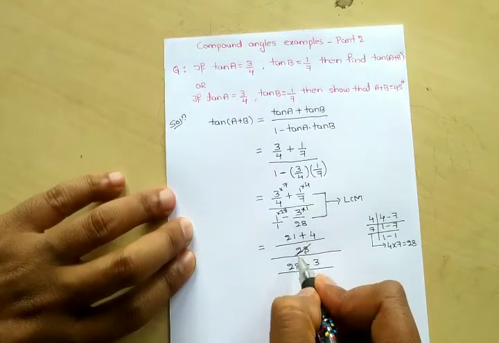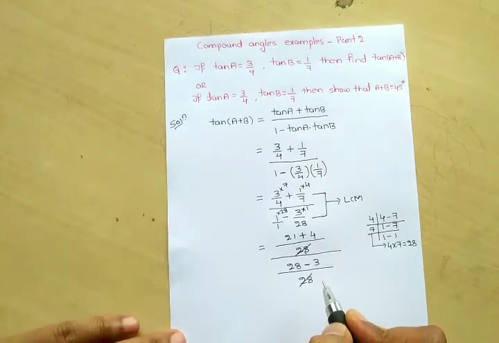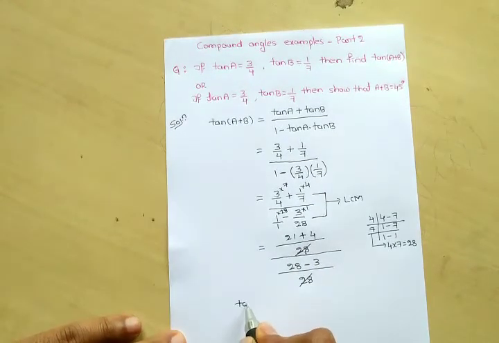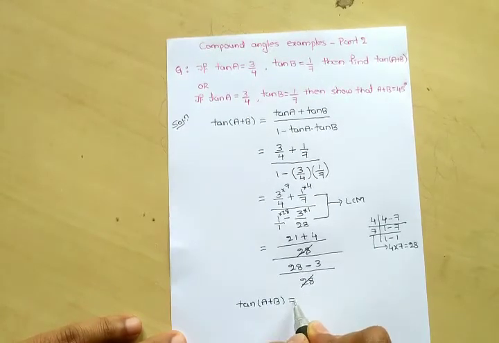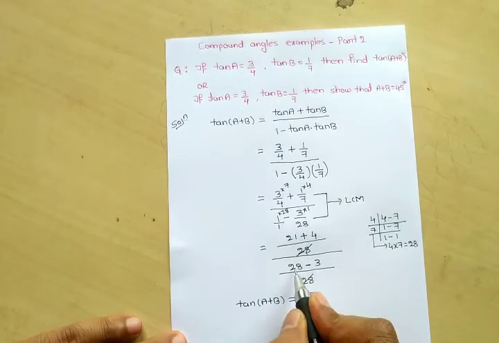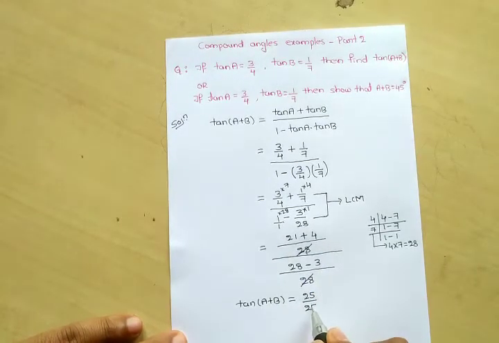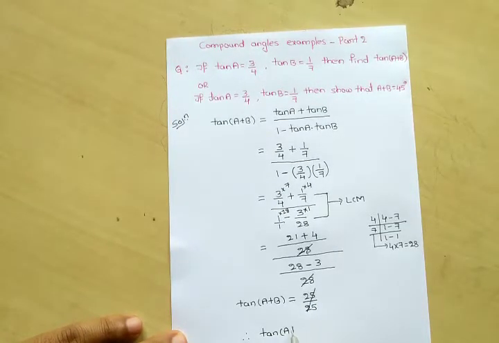So here both 28s are going to get cancelled. So finally tan(A plus B) is equal to 21 plus 4 is 25 divided by 28 minus 3 is also 25. So cancel these two. Finally, the value of tan(A plus B) is 1.